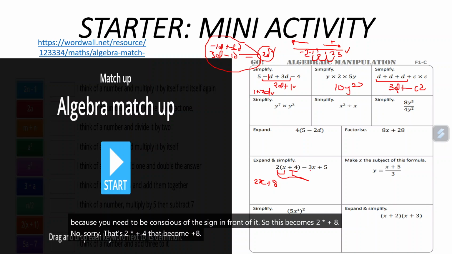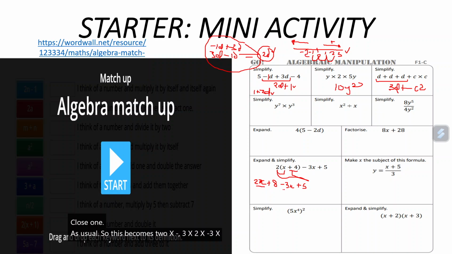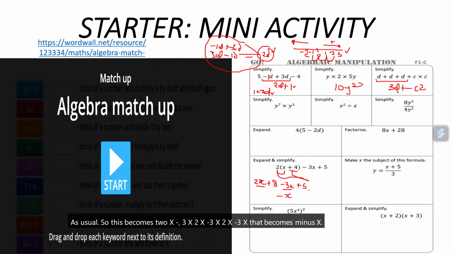Then this, you can rewrite as minus 3x plus 5. So this becomes 2x minus 3x, that becomes minus x, and 8 plus 5 is plus 13.